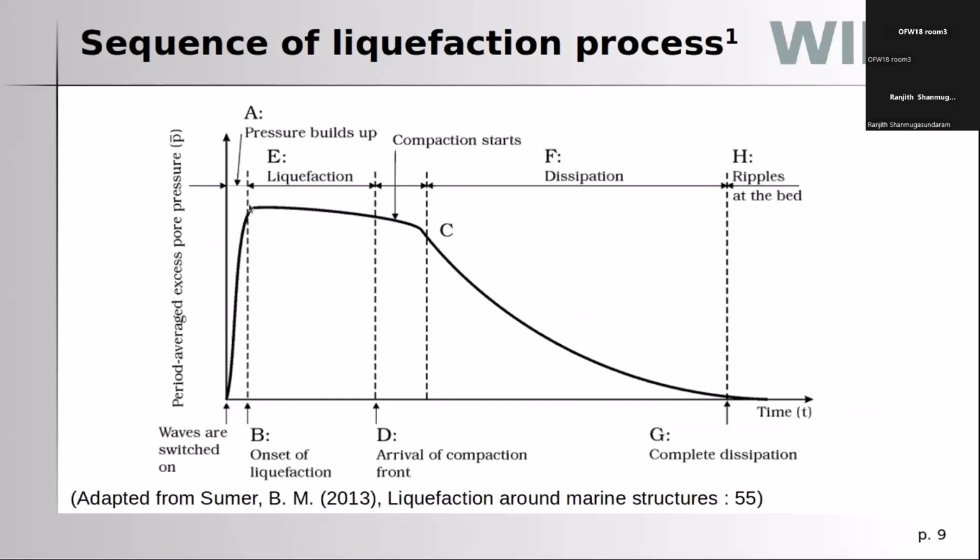Due to this upward directed pressure gradient, the water tries to flow up from between the soil grains, and the soil particles try to settle down at the bottom. At some point, when all the soil particles settle down at the bottom, that is known as the soil compaction. During this process, once the pressure builds up, it starts to dissipate. At the end of the compaction process, we can see that the pressure completely dissipates.